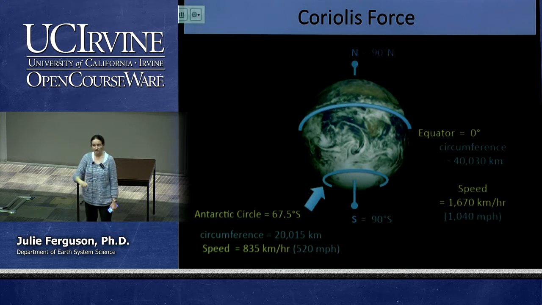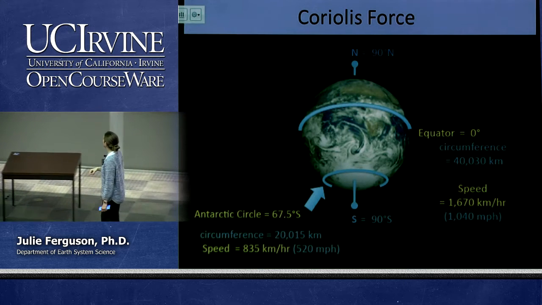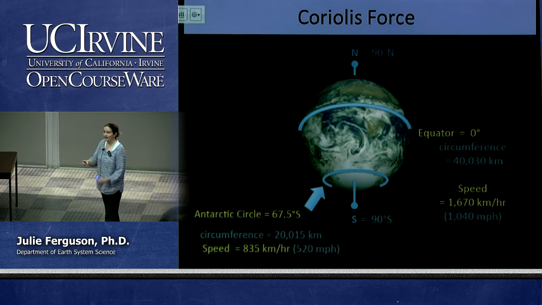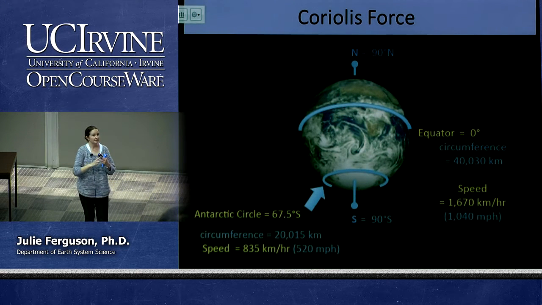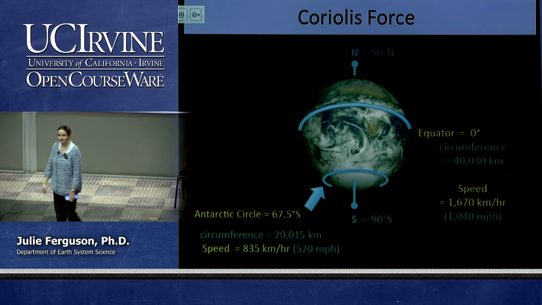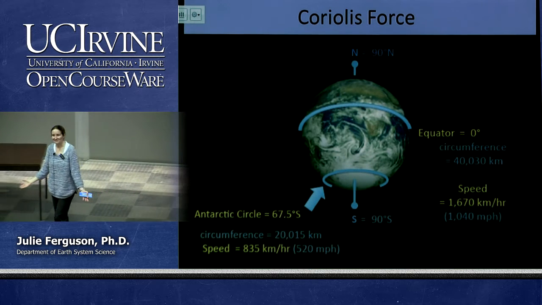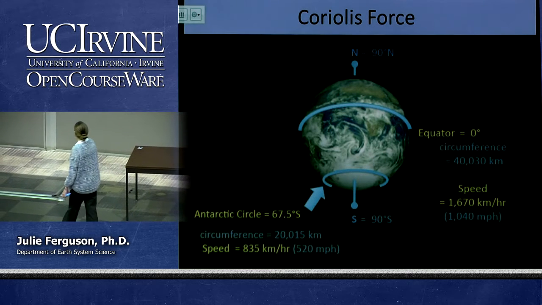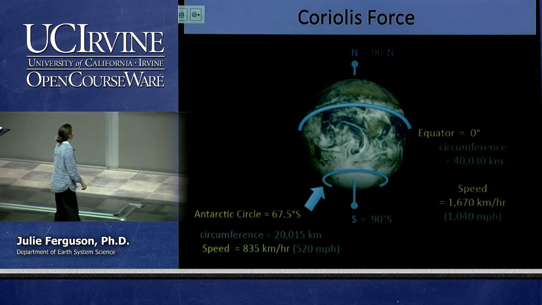If we look at the circumference of the Earth, it's about 40,000 kilometers, and they have to do that in 24 hours. If you do the math, that means they're traveling at about 1,670 kilometers per hour, or 1,000 miles per hour. You're probably traveling sideways at about maybe 800 miles an hour or something like that. It's fast, or a little faster than that maybe.